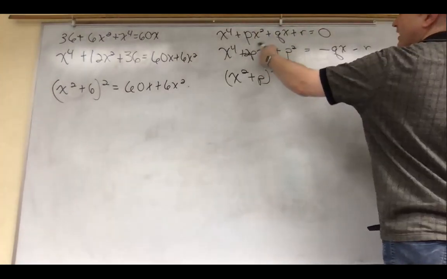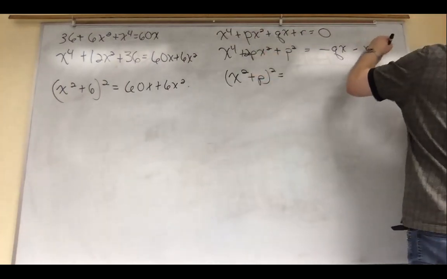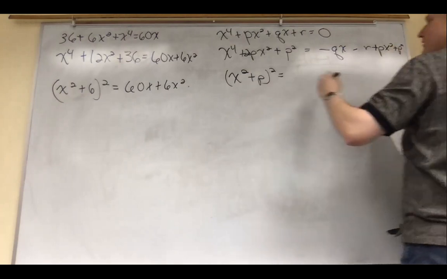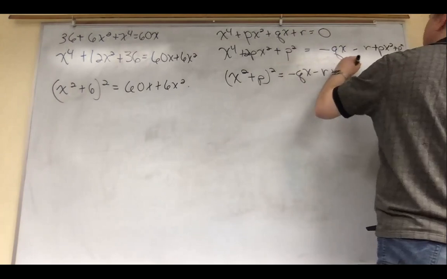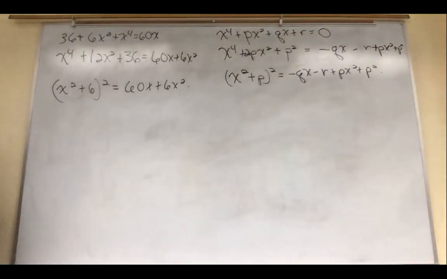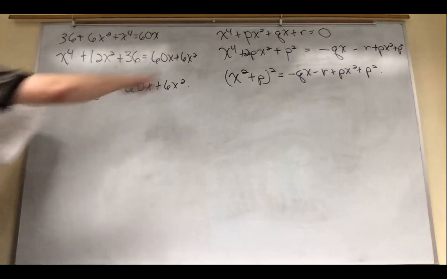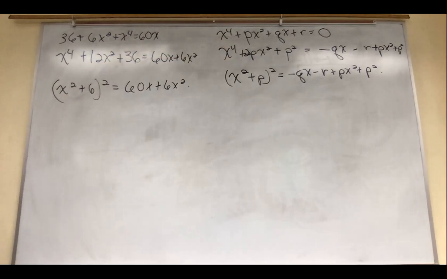I added a px squared to make that a 2, and I added a p squared. So there's a px squared and a p squared. So this is negative qx minus r plus px squared plus p squared. All right. So now we're at this stage, both in our particular example and in the general.